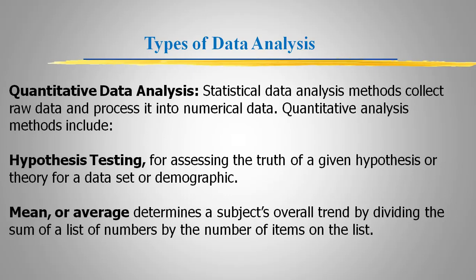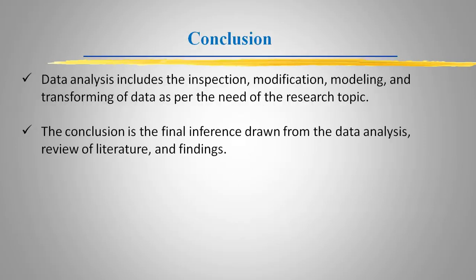It will assess the truth of a given hypothesis or theory for a data set of a demographic. Here hypothesis means I define the problem for a particular research. So it is called a hypothesis. Then mean or average, which determines a subject's overall trend by dividing the sum of a list of numbers by the number of items on the list. So that is called the mean or average.